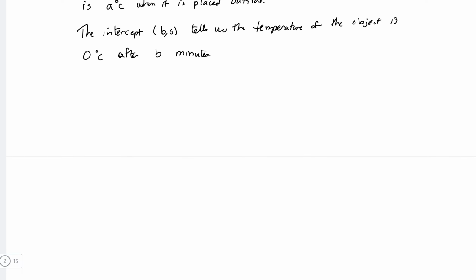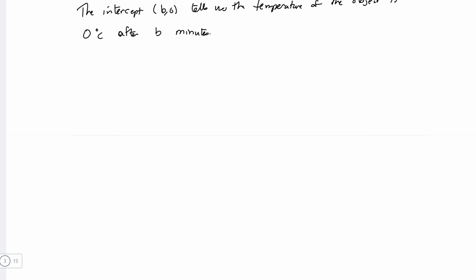Okay. So sometimes we'll also be given data that we can actually model with a function. Okay, so sometimes, and this isn't always easy to do, so a lot of times you'll have a computer model the data for you, but let's suppose we have a simple situation.